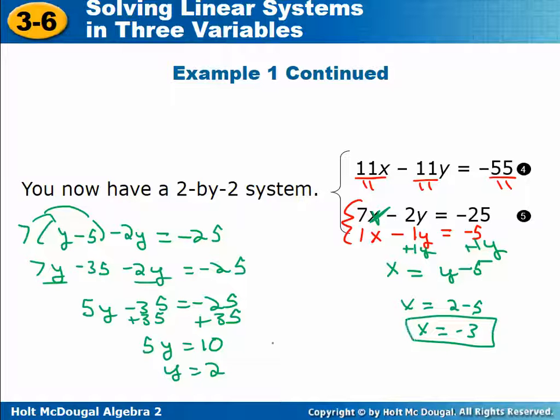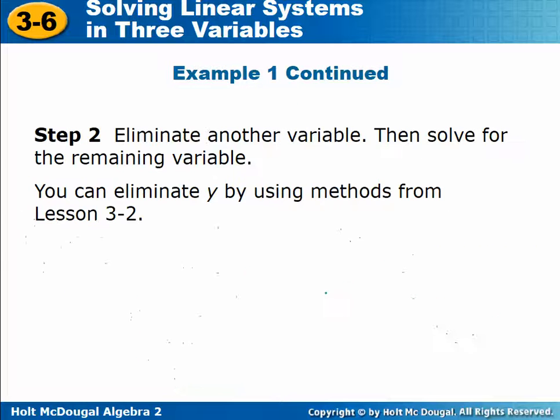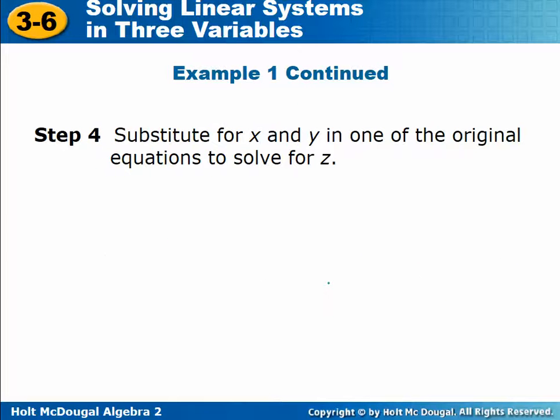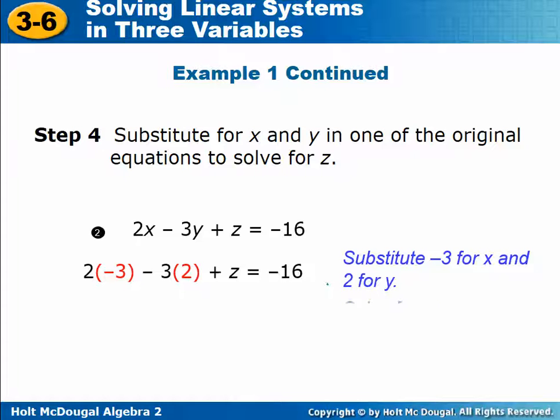So we know what x is. We know what y is. But don't forget, we started with an x, y, z, so we still have to go through and find our z term. Here's one of our original equations.